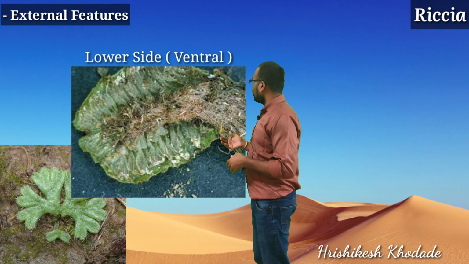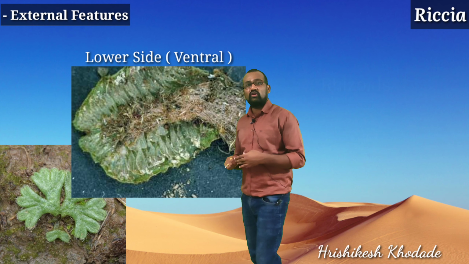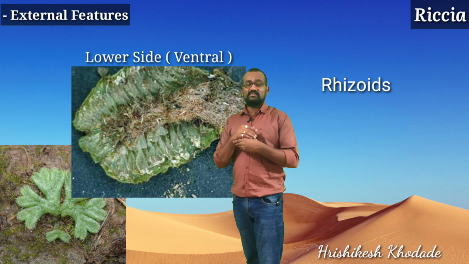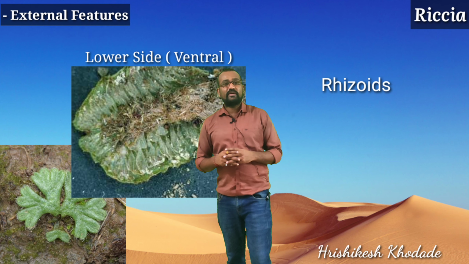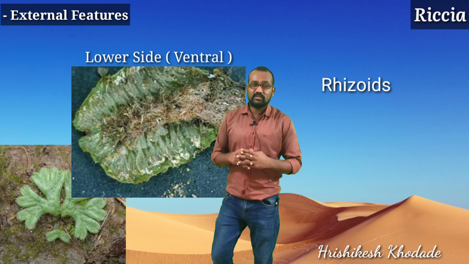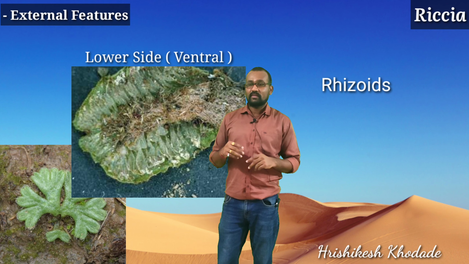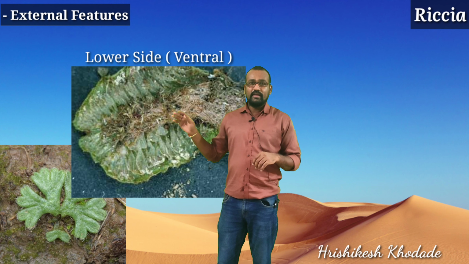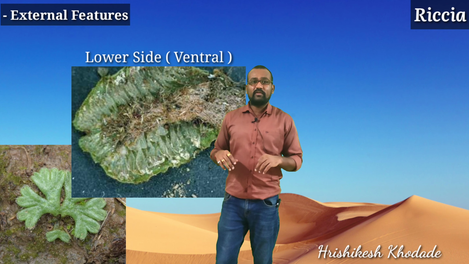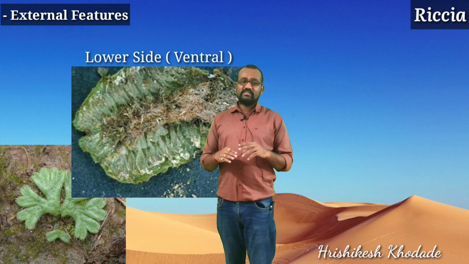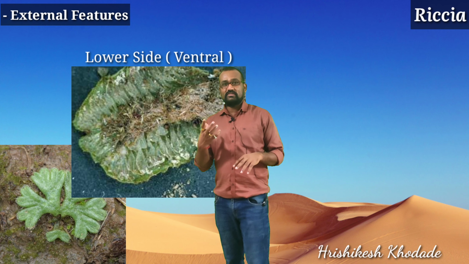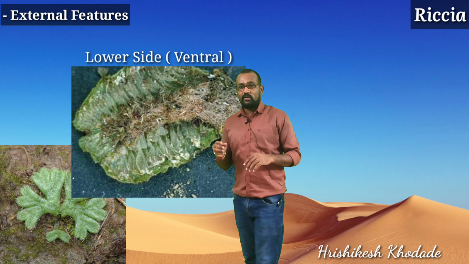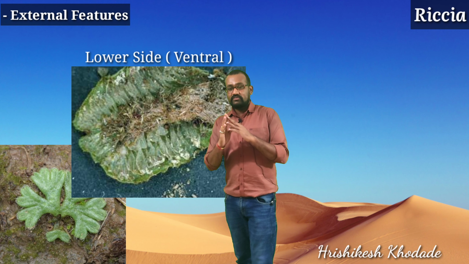And from the ventral side of the thallus you will find numerous rhizoids are present. What are these rhizoids doing in this Riccia plant? These rhizoids perform water absorption, and they also help the Riccia plant to stay on the surface. If water comes in a very vast flow, the Riccia do not leave their place, because the rhizoids attach them to the surface in a very tight manner, as the number of rhizoids is very huge.